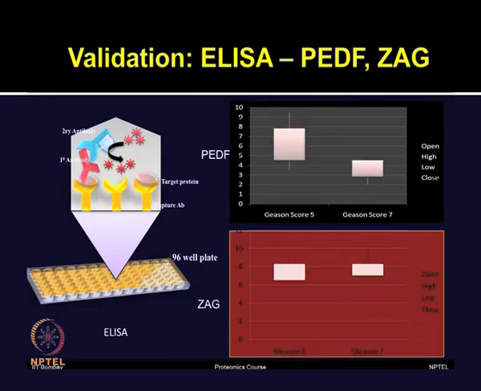The PEDF levels were quantified by using an ELISA kit, and results demonstrated, as you can see in the slide, a statistically significant decrease in the PEDF in the Gleason score 7 depleted serum group, whereas the results for zinc alpha 2 glycoprotein ELISA analysis, which is shown in red in the bottom panel, indicated a 1.4 fold increase in the zinc alpha 2 glycoprotein absorbance in the Gleason score 7 group.